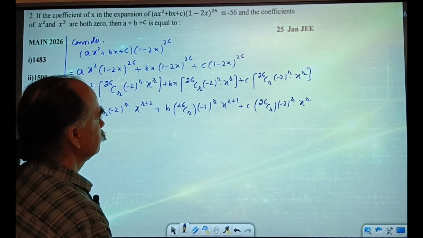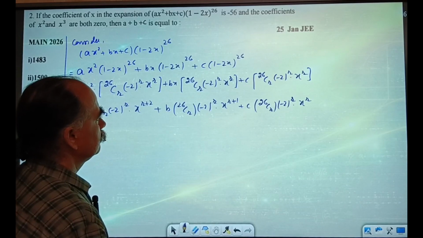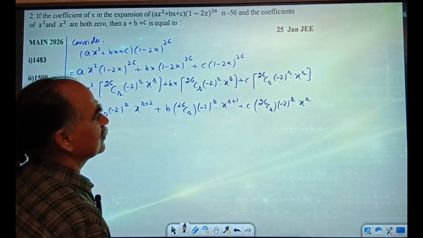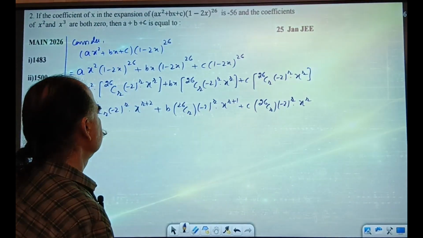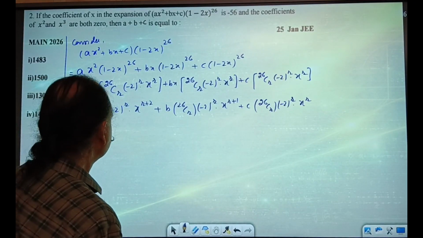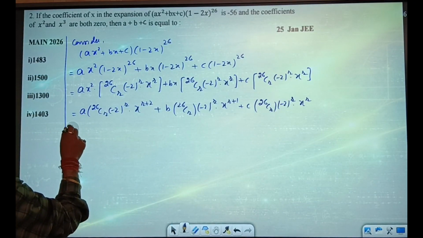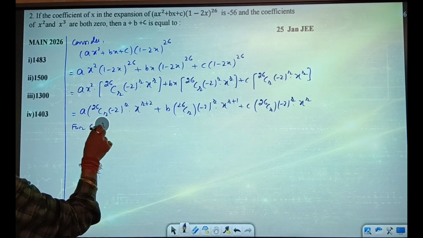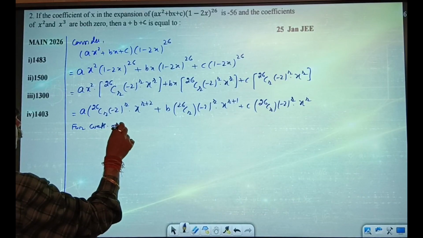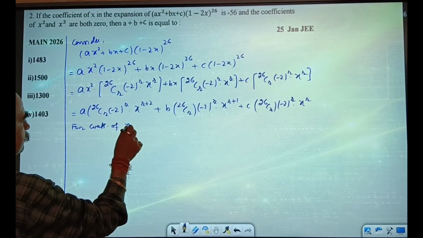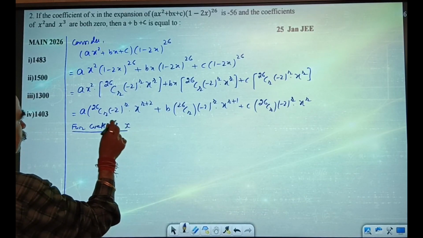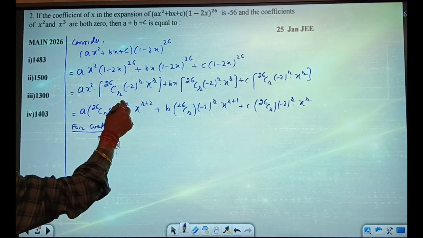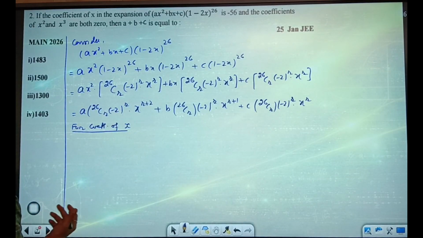Here R is 0, whereas here R is 1. In this case, even if you replace R with 0, R cannot be negative. R starts from 0 to a maximum of 26.